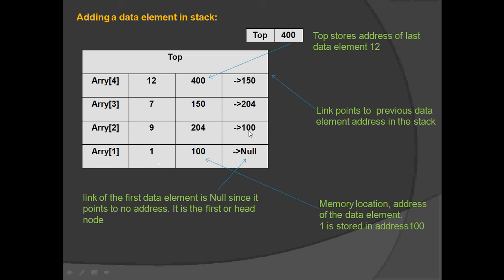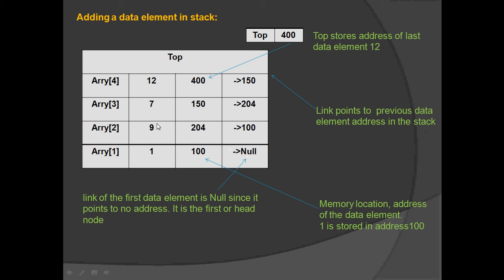Now, as you can see, in the second data the link is 100. So how is it? This 100 is the address of the first data element. So the link points to the previous data element's address in the stack.